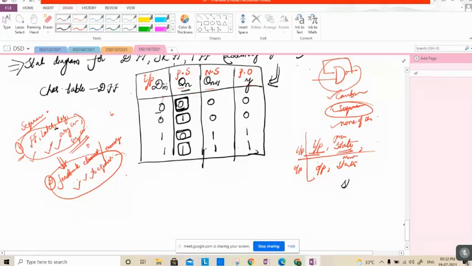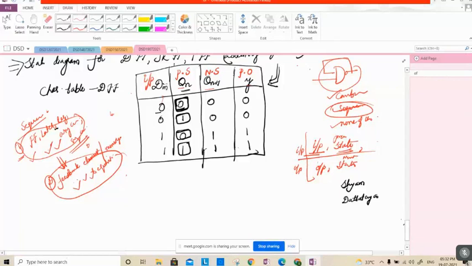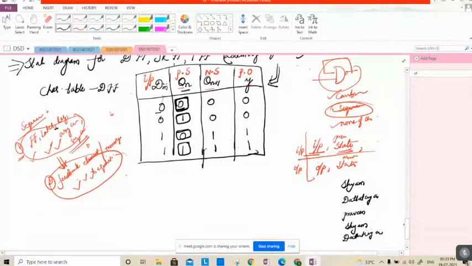See, if I write in this way, so this is myself. This is Dattatreya. Now tell me how many different names are present here. 3, sir.